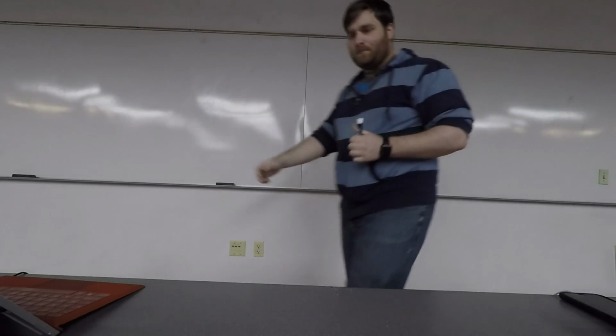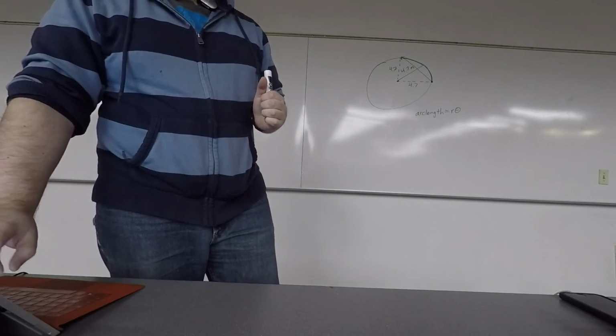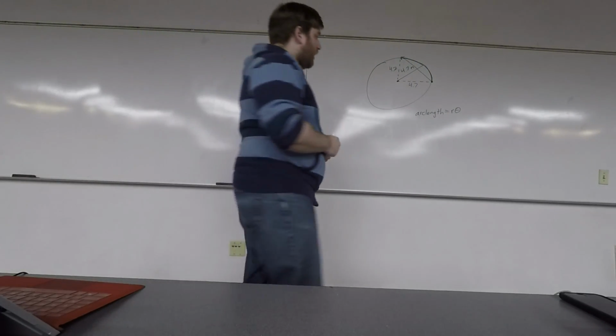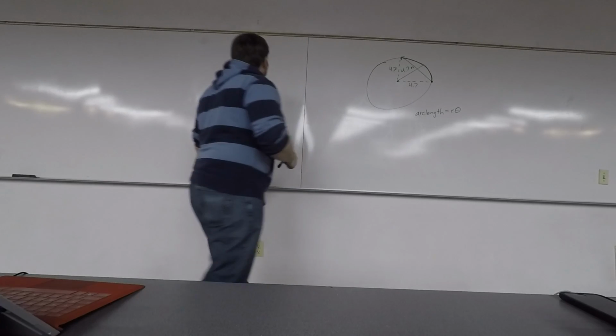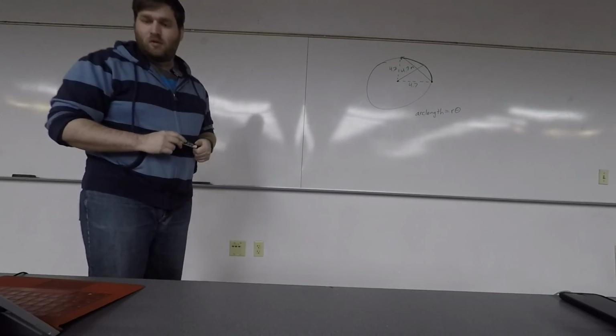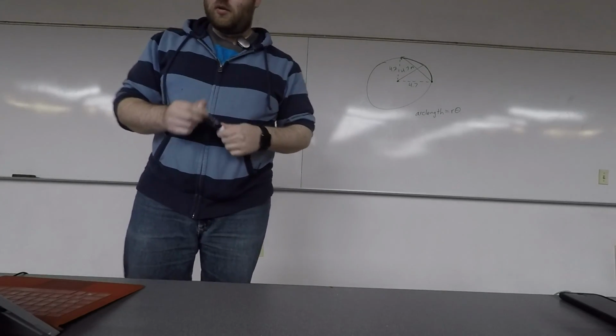Would it be all right if we went over problem 1, chapter 3? Problem 1 on chapter 3, sure. Okay, I'll do it over here. Two points in a plane have polar coordinates.